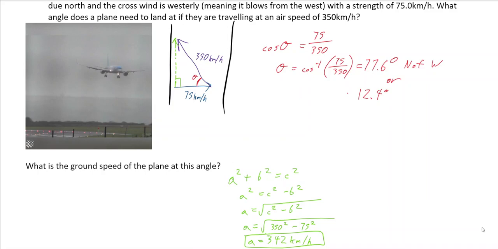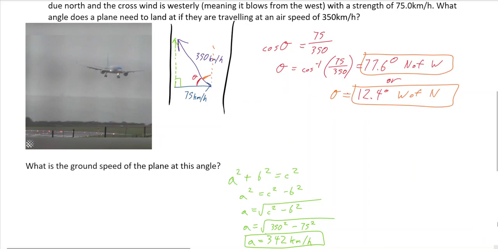how can I label this best? It would be kind of this other angle here, which would be west of north. So either one of those two does work, but you can see that they would have some sort of angle in order to make up for a crosswind.